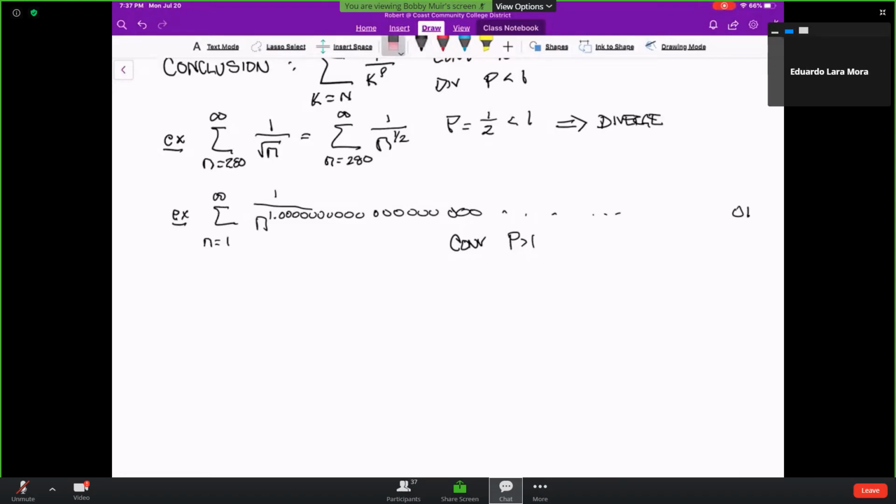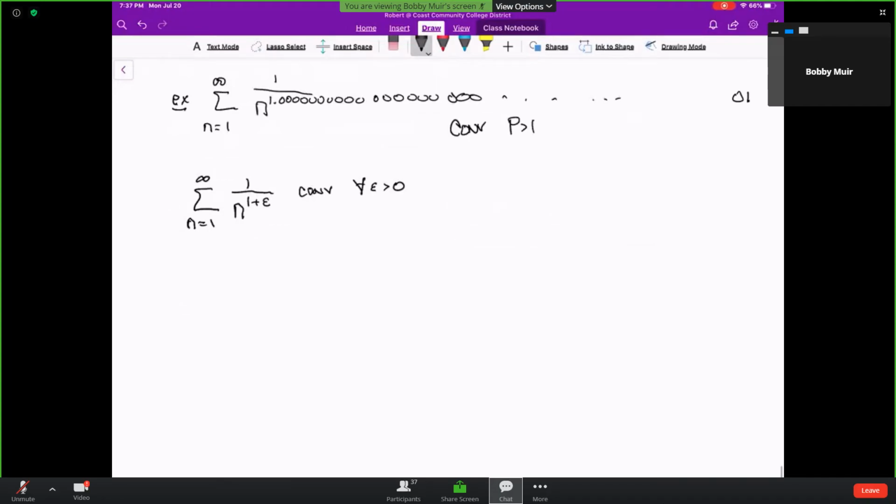For example, the sum n equaling 1 to infinity of 1 over n to the 1 plus epsilon converges for all epsilon bigger than 0, because the p, which is going to be 1 plus epsilon, is bigger than 1.